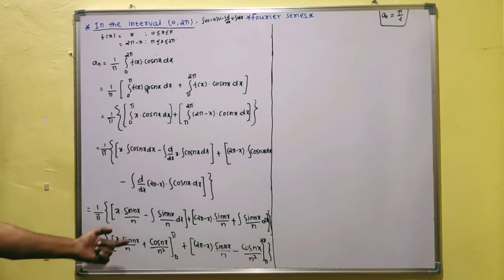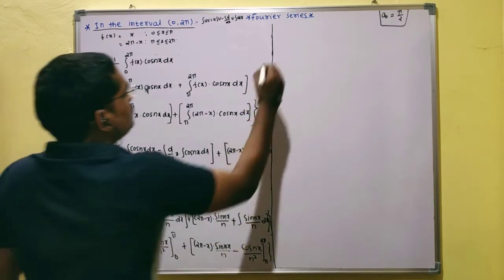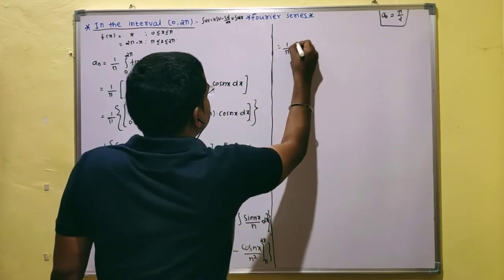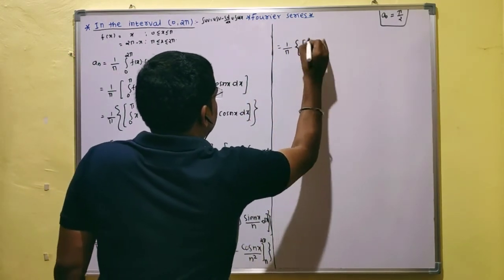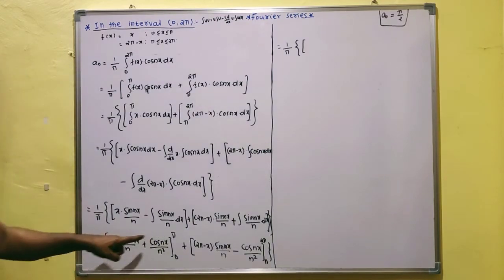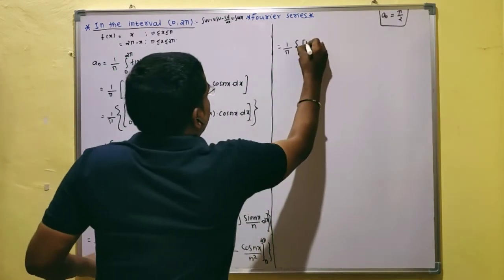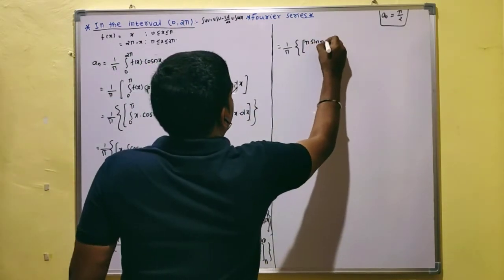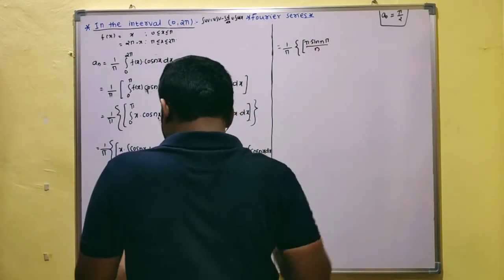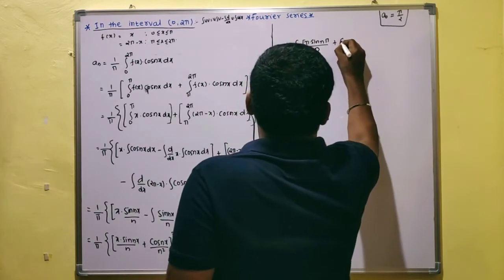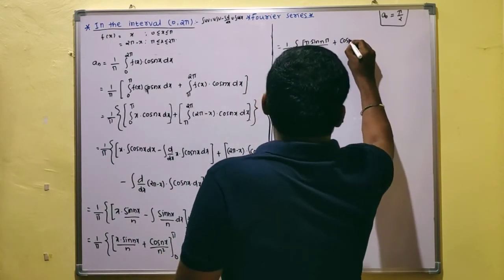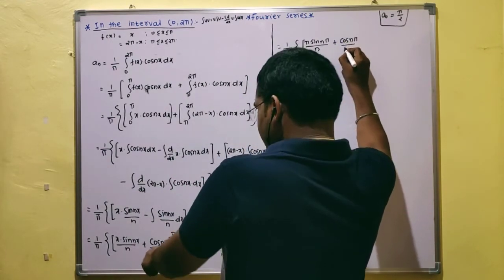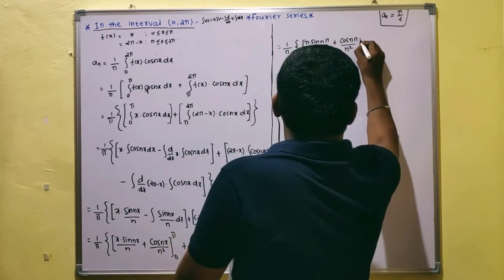Now put the upper limit minus the lower limit, which is equal to 1 upon π as it is in this curly. Now the upper limit, after putting π here: π into sin nπ divided by n, plus cos nπ divided by n square. This is the upper limit.